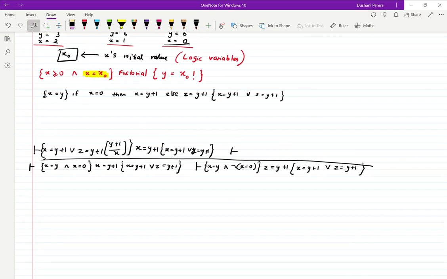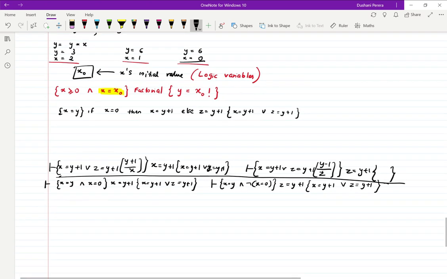Next part, z equals y plus 1, e over x, z equals y plus 1, and then that part comes again.